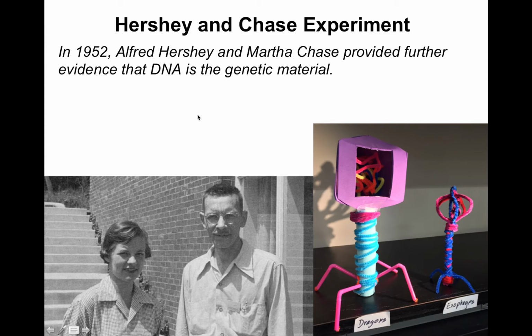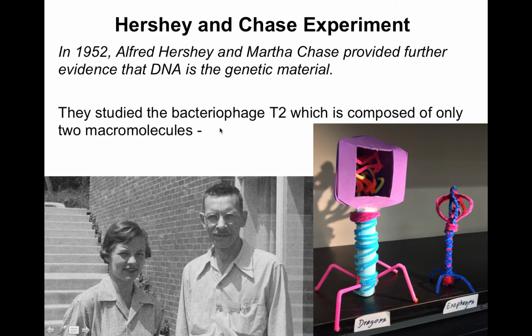They used radioactive isotopes that would label specifically the proteins and the nucleic acids with tags that could be traced easily by their radioactivity. They studied the bacteriophage T2, which is composed of only two macromolecules. So there's no lipids, there's no carbohydrates, there's only DNA and protein.